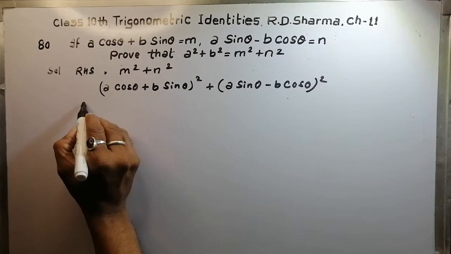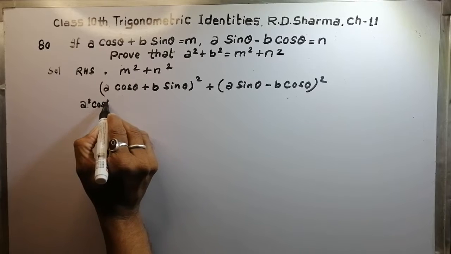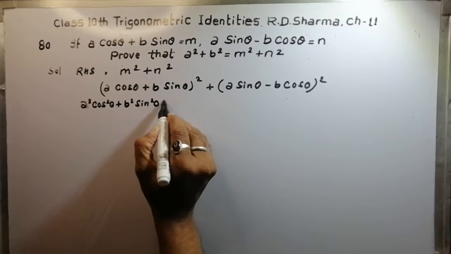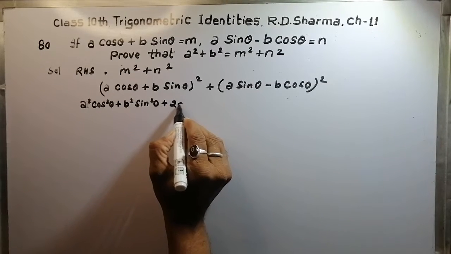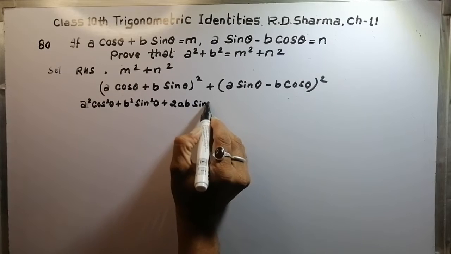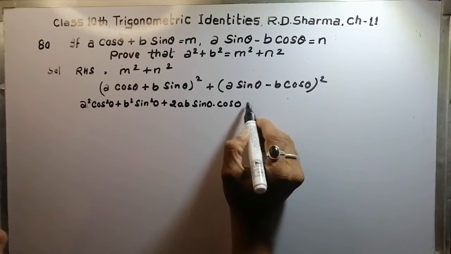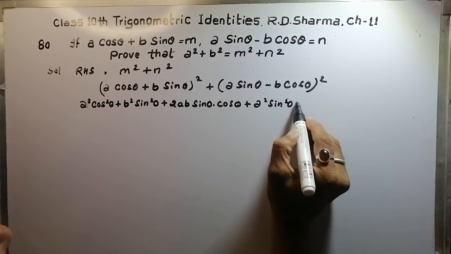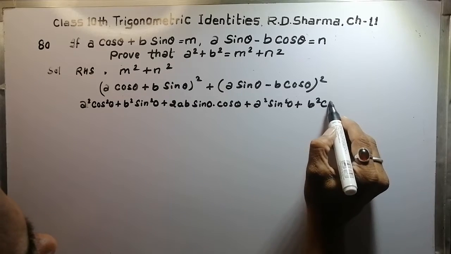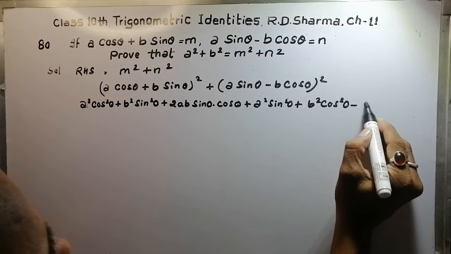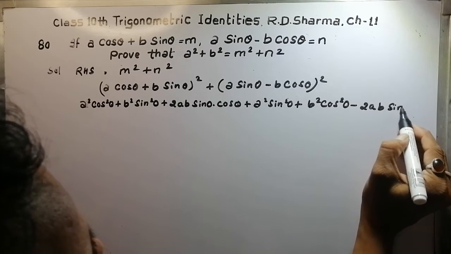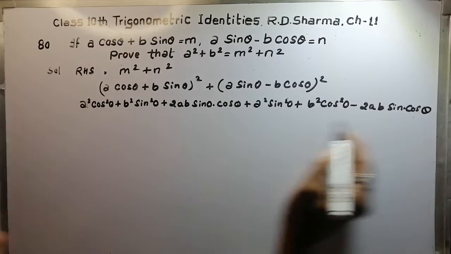After calculating this, we get here a square cos square theta plus b square sin square theta plus 2ab sin theta into cos theta, and here we get a square sin square theta plus b square cos square theta and minus 2ab sin theta into cos theta.